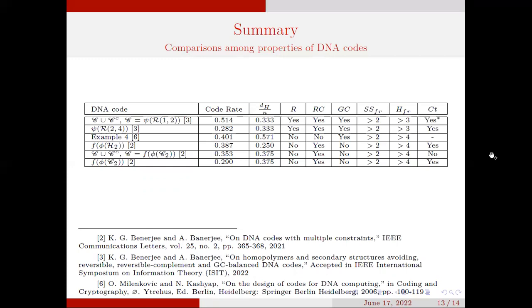Also, the DNA code avoids homopolymers and secondary structures. Milenkovic and Kashyap obtained a DNA code with code rate 0.401 and relative minimum Hamming distance 0.571 with a GC content constraint. Also, the code avoids homopolymers and secondary structures.